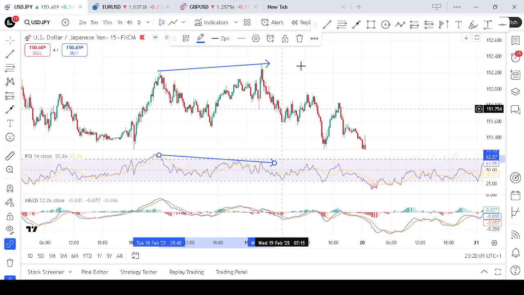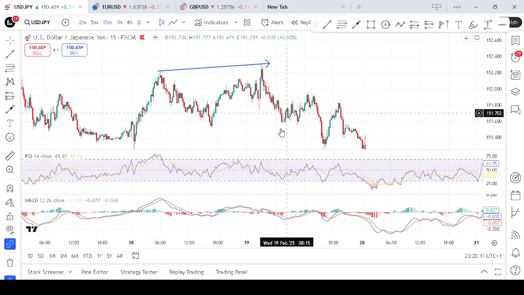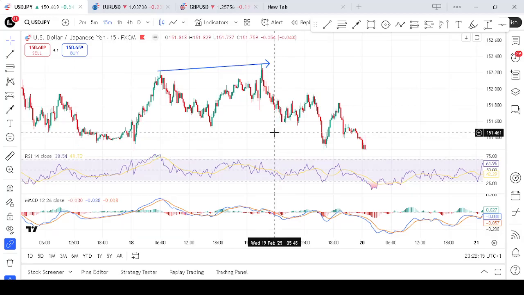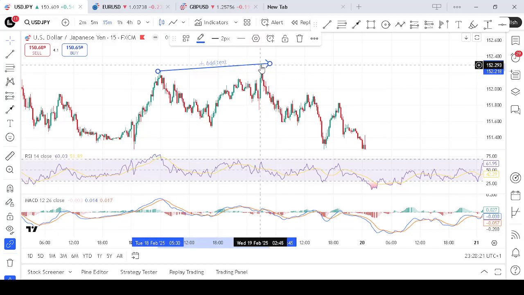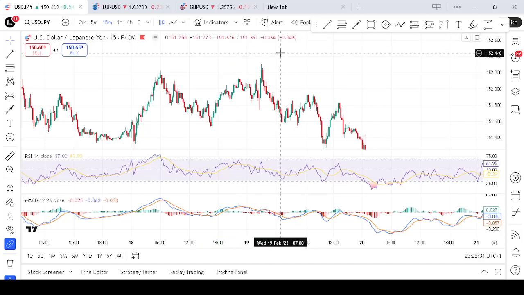The key to trading this pattern effectively is patience. You must wait for both components, the lower high in price and the higher high in your oscillator, to align perfectly. This synchronization provides the highest probability setup and helps you avoid false signals that could compromise your trading account.